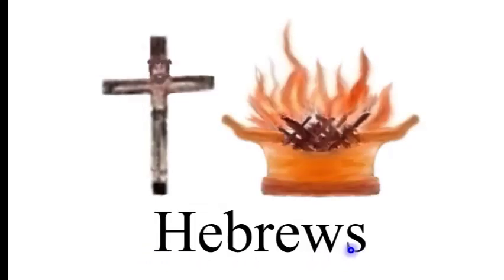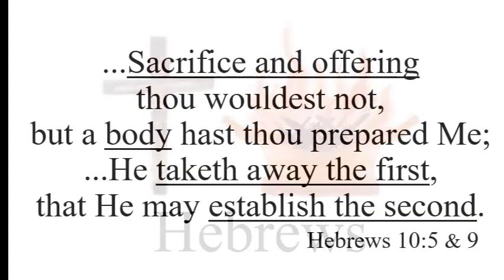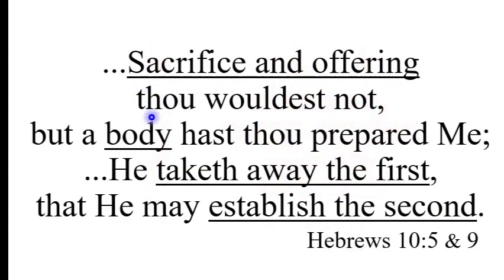The icon for Hebrews is the cross and burnt offering altar, because it says in the Bible, "Sacrifice and offering thou wouldest not, but a body hast thou prepared me. He taketh away the first, that he may establish the second." Hebrews 10:5 and 9.